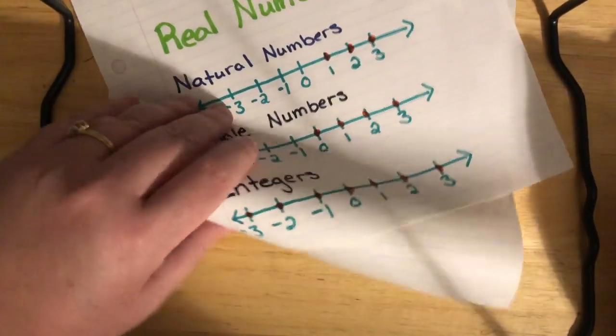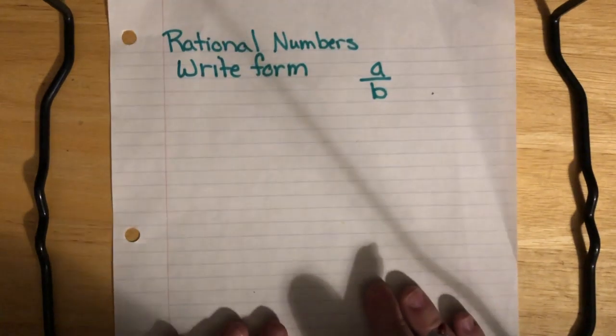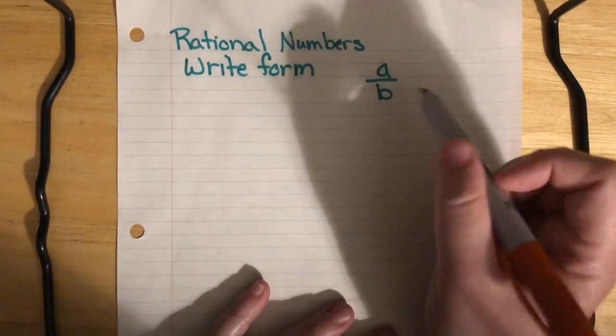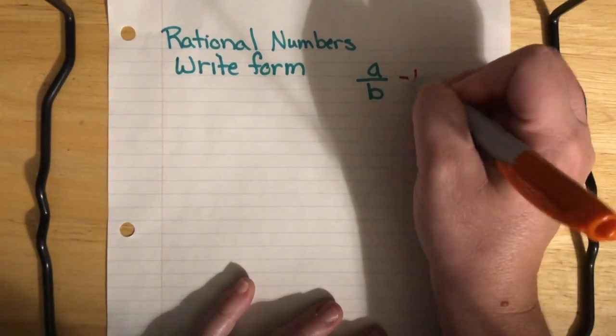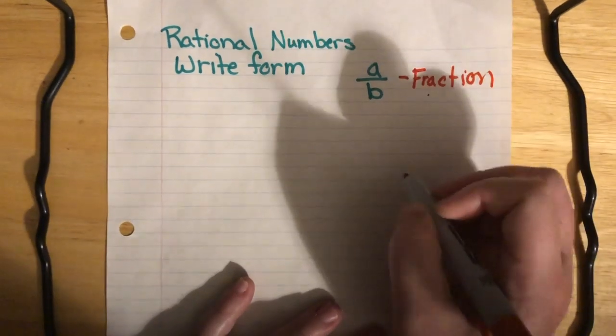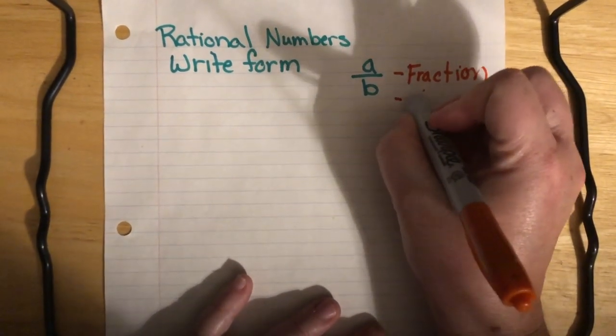Now, we are going to go into what we call rational. A rational number is any number that can be written in A over B form. Yes, this is a fraction, but it can also be a division sign.